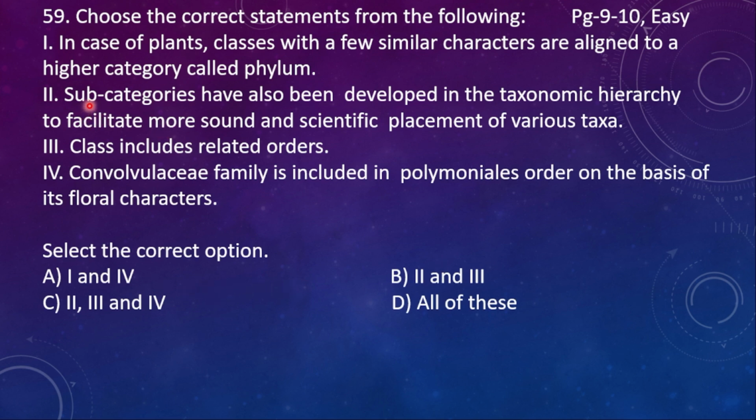Subcategories have also been developed in the taxonomic hierarchy to facilitate more sound and scientific placement of various taxa. This one is correct. Class includes related orders, so correct. Convolvulaceae family is included in Polymoniales order on the basis of its floral characteristics.